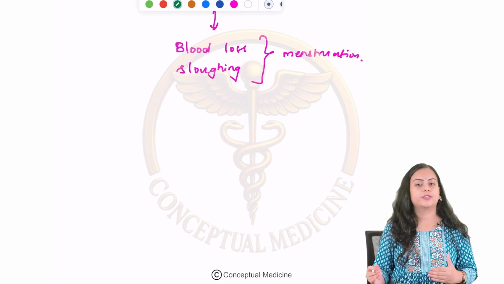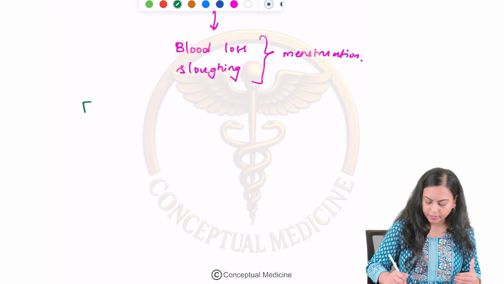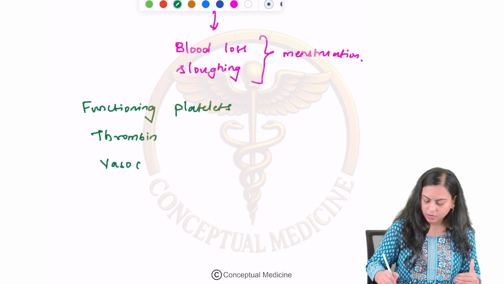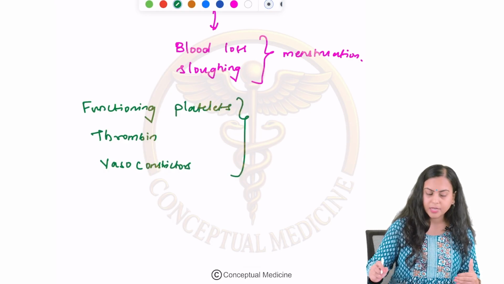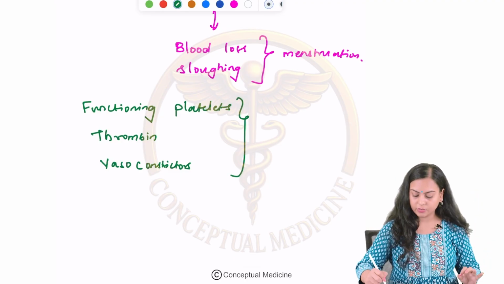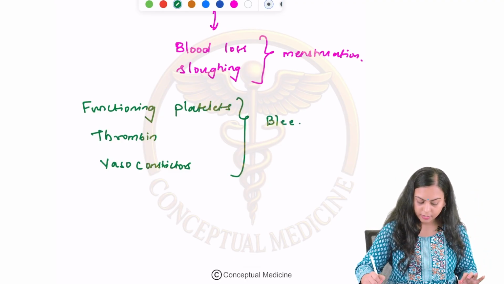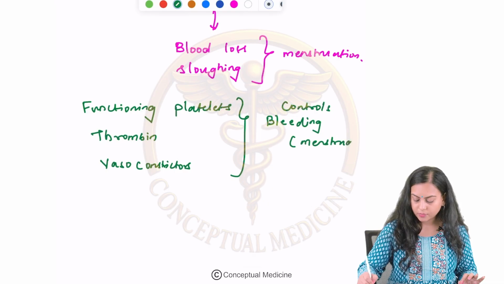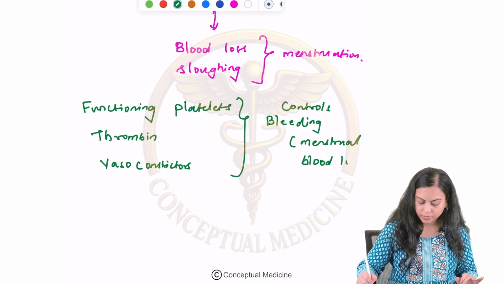This menstruation will be controlled by the functioning platelets, thrombin and vasoconstrictors that are secreted. Okay, so they will be constricting the arteries. So this will be controlling the bleeding. Okay, so that means it controls the menstrual blood loss, in other words.